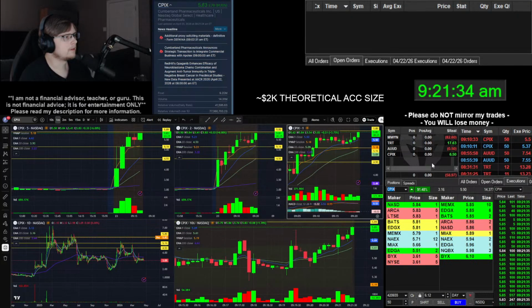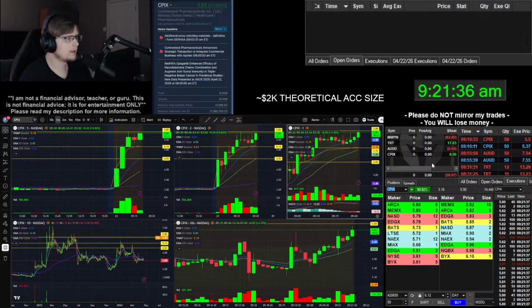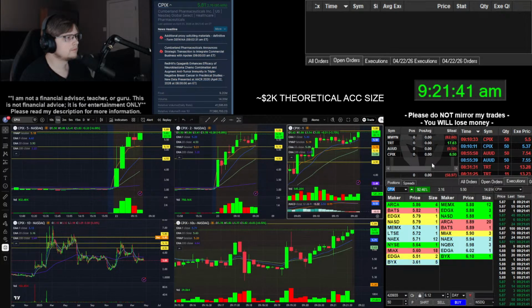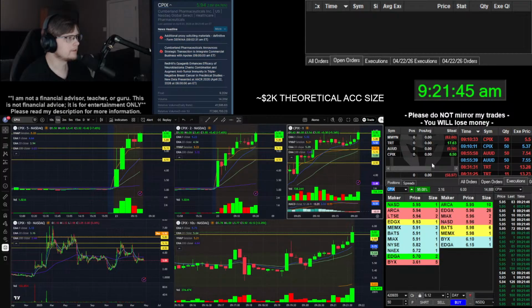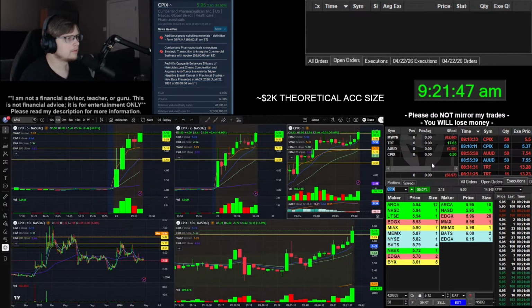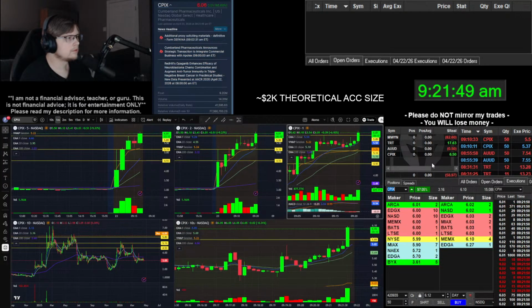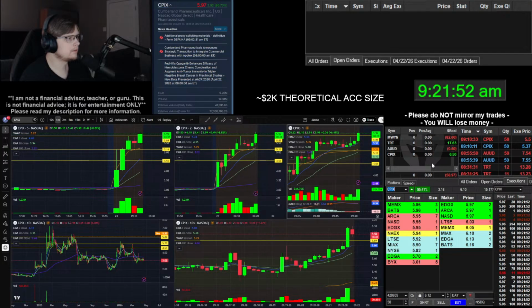30 seconds left on the 1 minute candle. Got sellers popping up. But it pushes through. Bounces off of 6. Break through there. We hold.